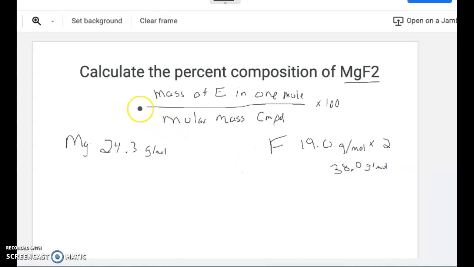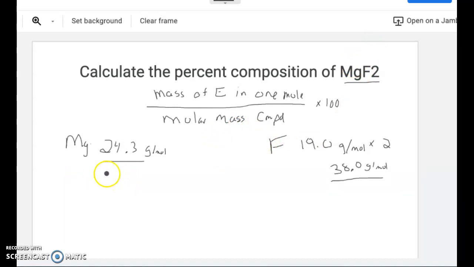So the mass of the element in 1 mole for magnesium is going to be 24.3. For fluorine, it's going to be 38.0 grams per mole. Now the molar mass of the compound is just going to be the sum of those two. So it's going to be 24.3 plus 38, that's going to be 62.3.